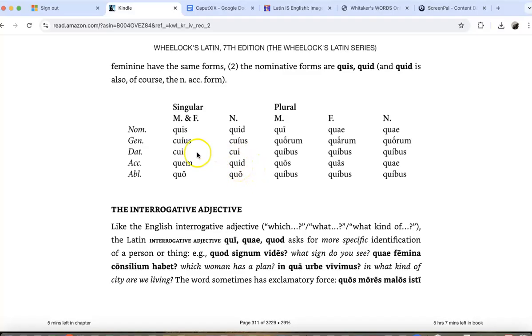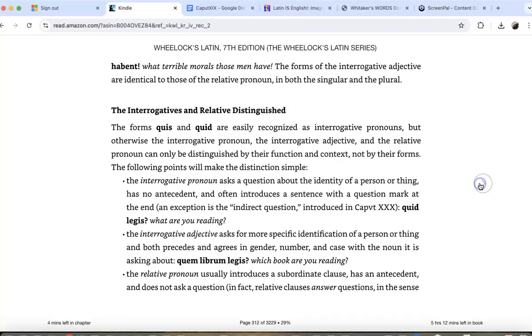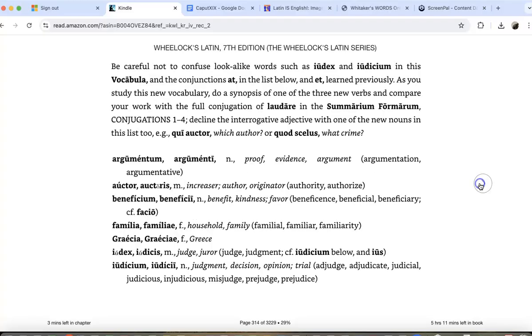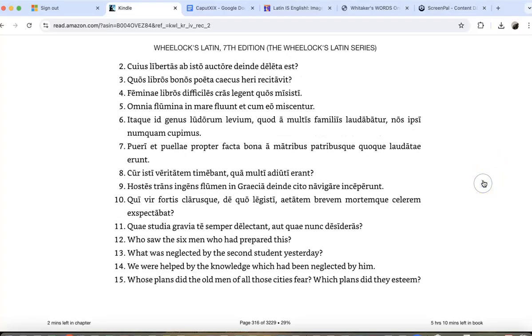I think we'd have to go back to chapter 17. No, it's right here, quad. So in quad, qui, quae, quod. And so that's another interrogative pronoun. The question tells us it's a question word, which should help in terms of context clues. And then here also is our word right here. And then only the context will tell us what the best reading of it is. But with a little bit of practice, it becomes more intuitive and easier.